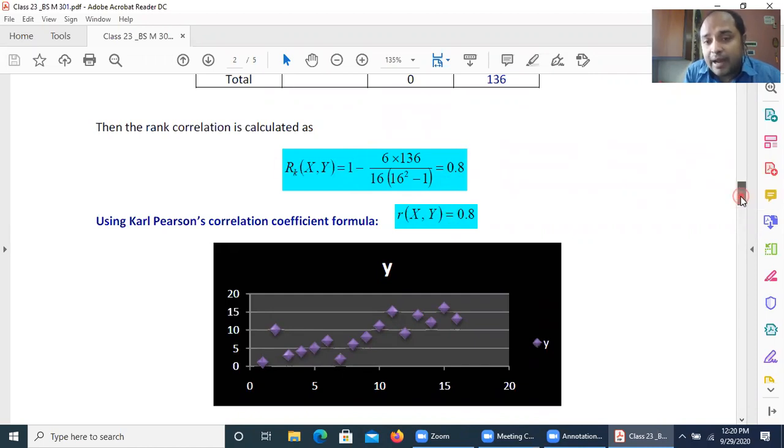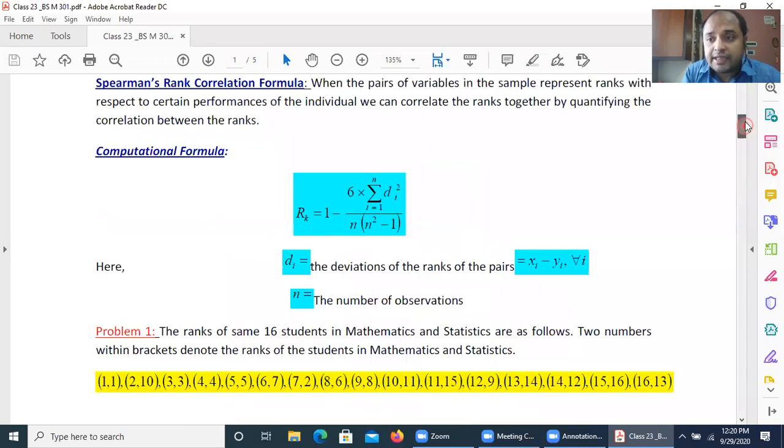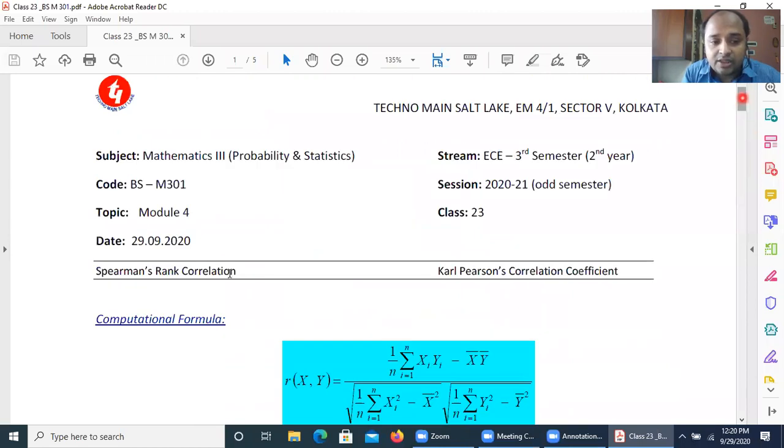But you have to keep in mind that here capital X and capital Y are not the marks of the students in maths and stat. Here capital X and capital Y are the ranks of the students in both the examinations, in maths and stat. This is the reason why in the heading of today's class I mentioned Spearman's rank correlation on the left-hand side and Karl Pearson's correlation coefficient on the right-hand side.